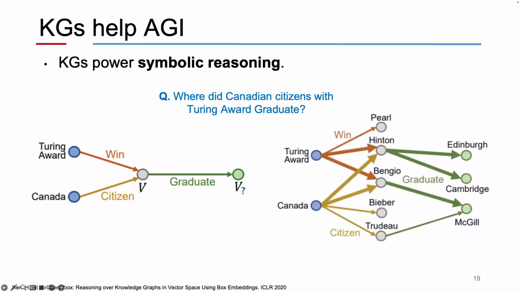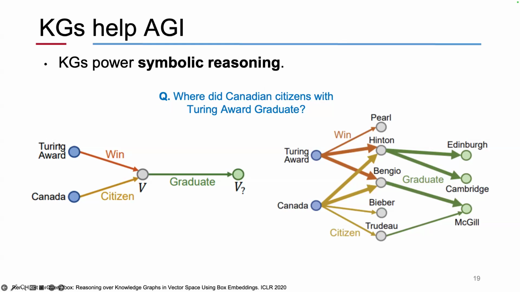Knowledge graphs may also help AGI because they power symbolic reasoning. Symbolic reasoning is very important and finds many applications, especially if we try to answer very complicated or complex queries. For instance, here we have a question: where did the Canadian citizens with a Turing Award graduate from? Actually, we can decompose this complex question into a couple of queries.